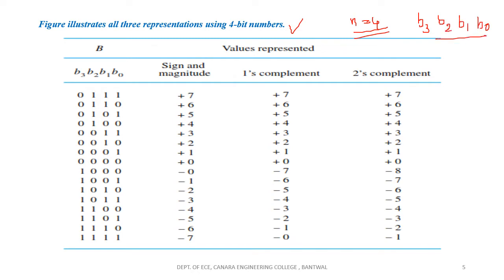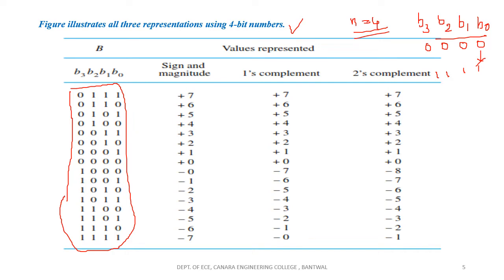These can take values ranging from 0, 0, 0, 0 to 1, 1, 1, 1, all the possible combinations. That's what is represented here, ranging from 0000, 0001, 0010, 0011, 0100, 0101, 0110, 0111, and so on up to 1111.